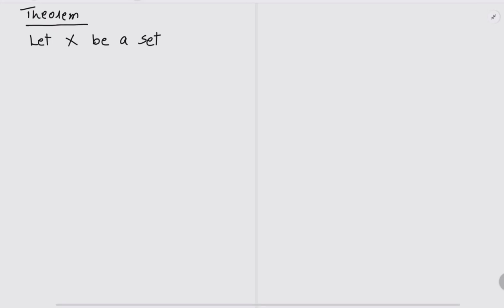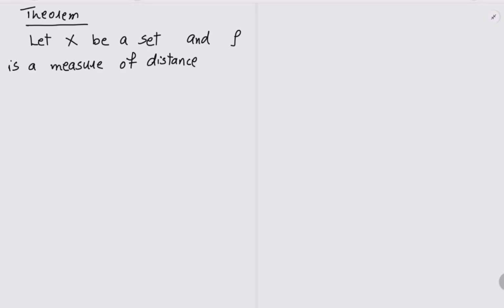So let X be a set and rho is a measure of distance. In clustering, we need to find a distance between a centroid and the point.